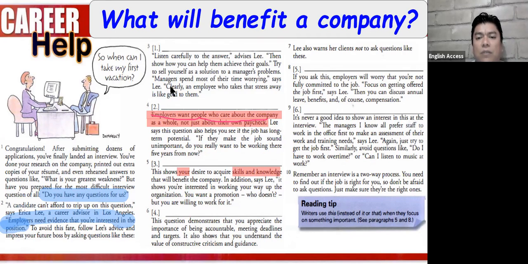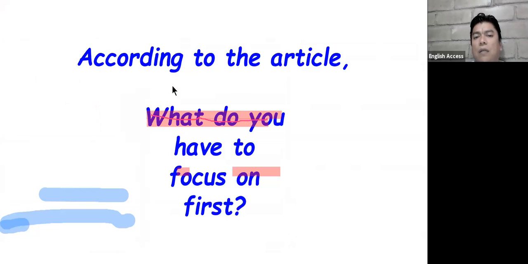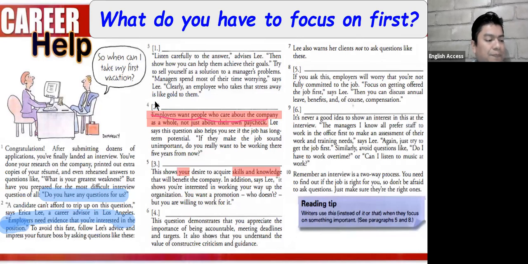All right, next question. According to the article, what do you have to focus on first? You have 30 seconds for this. Go ahead. What was that, Liliana?